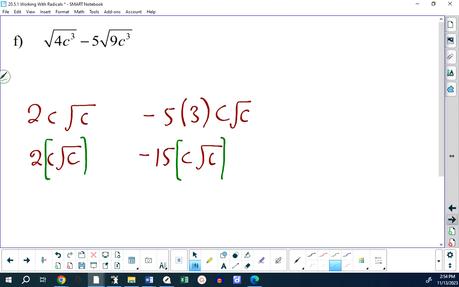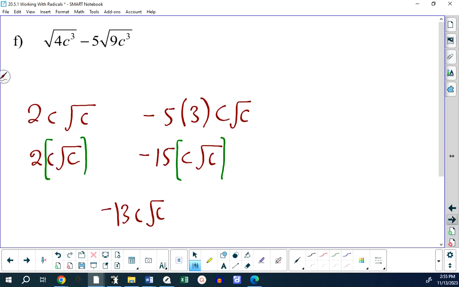$2 minus $15 is negative $13. 2x minus 15x is negative 13x. 2 c root c's minus 15 c root c's is negative 13 c root c's.